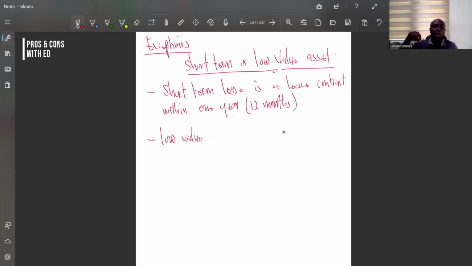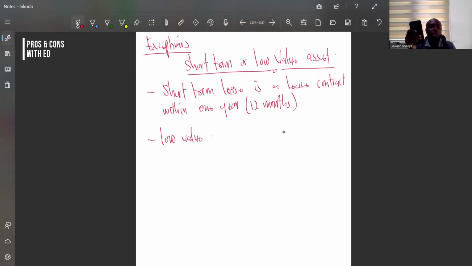Now, the value we are talking about is not the value at the end of the useful life of the asset. We are talking about the value at the beginning, at the start of the asset's useful life. So if it is this my phone that I'm giving out, I'm going to determine the value as at the time they manufactured this phone.